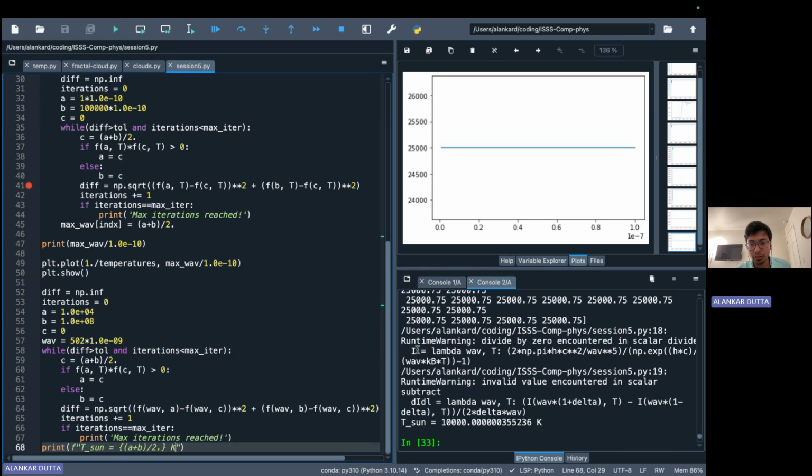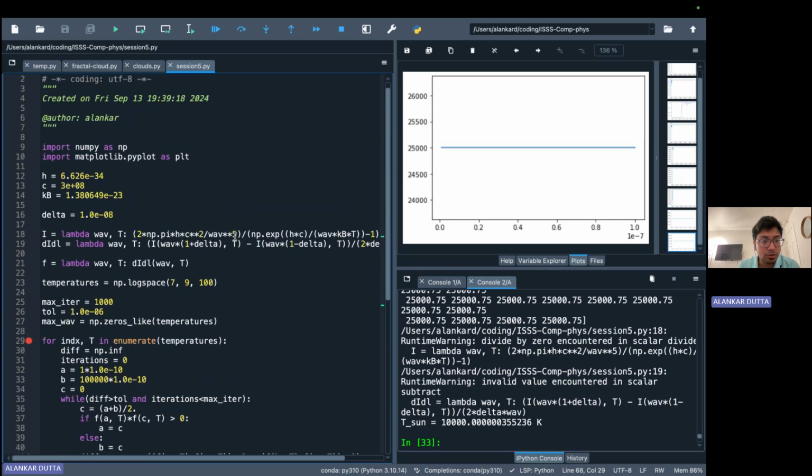Let's run this one. So we get something like this. There are some problems happening with invalid value in subtract and scalar things. So I think that is what is causing the problem.